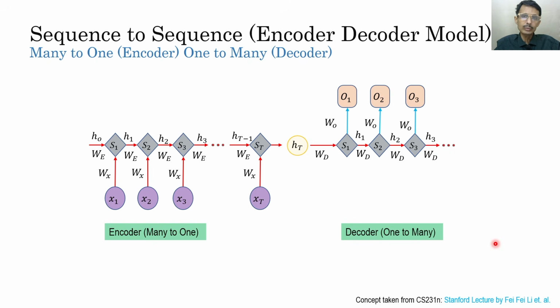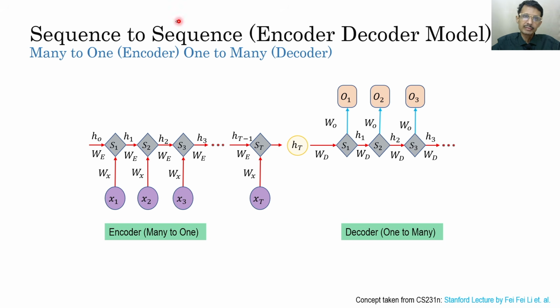Now we are going to understand how this simple RNN model can be used to model some kind of application. For example, here a sequence to sequence model: input a sequence and output another sequence.